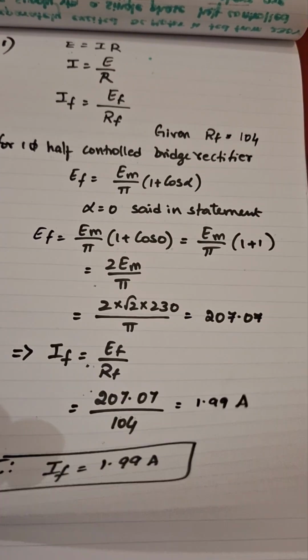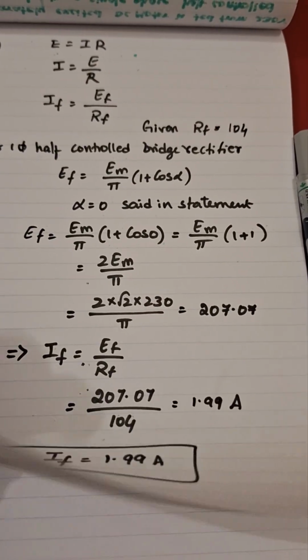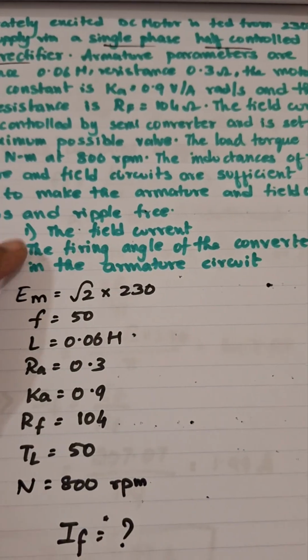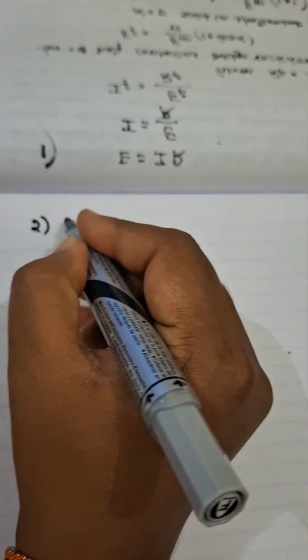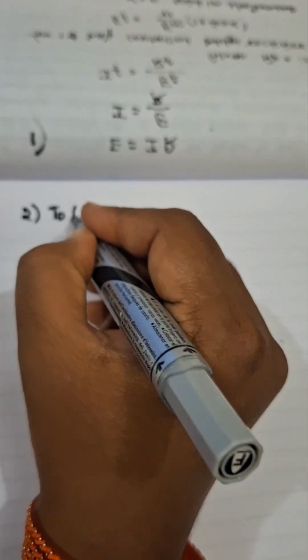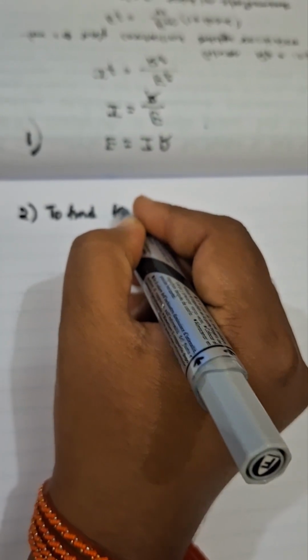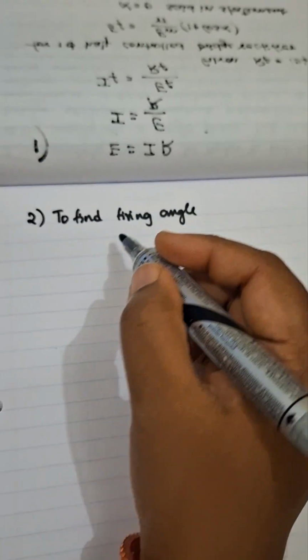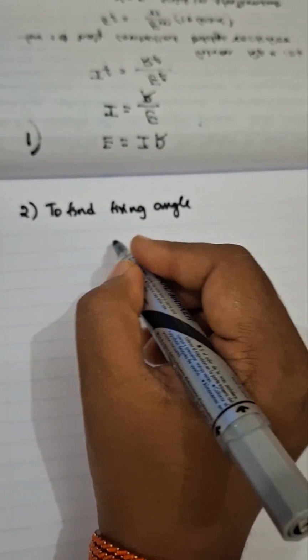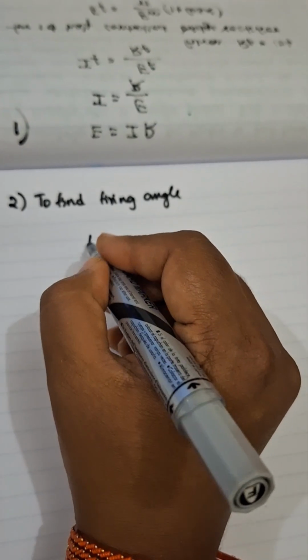So we are done. Next they were asking for the firing angle, right? So the second question is the firing angle of the converter in the armature circuit. So to find the firing angle, the equation already says it is a single phase half controlled rectifier.